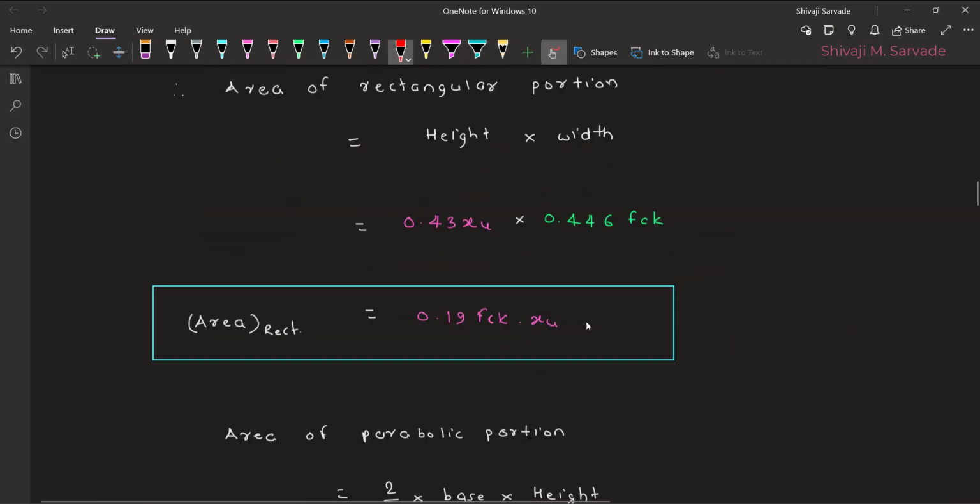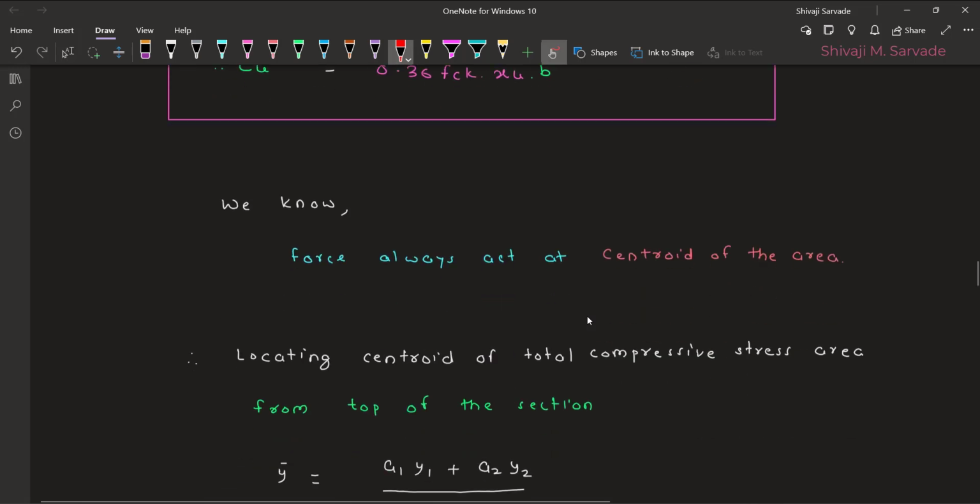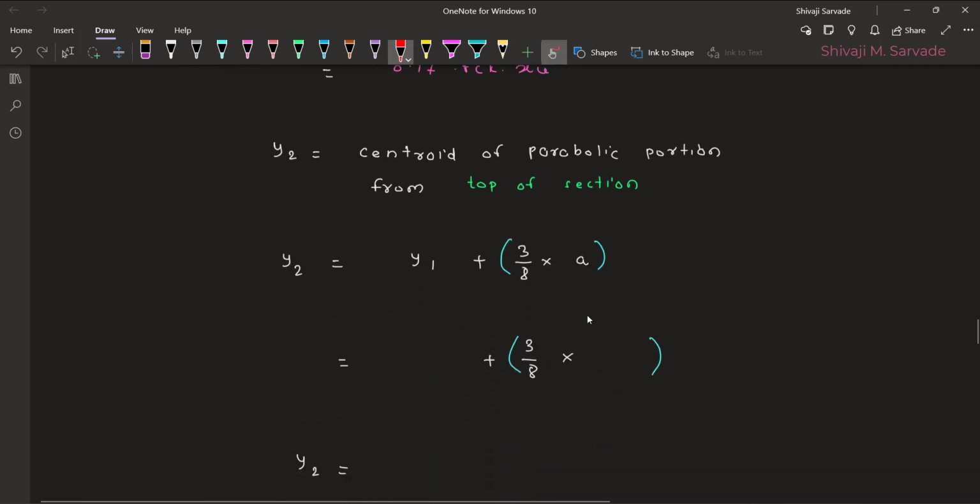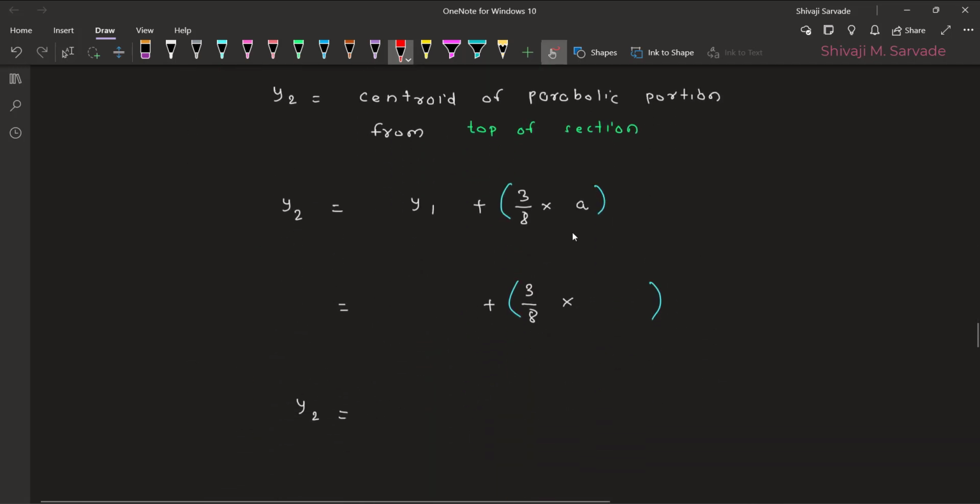So let's put y2 equal to y1 plus 3/8 of a, where y1 we calculated as 0.43 XU, and 3/8 of a is 3/8 of 0.57 XU.